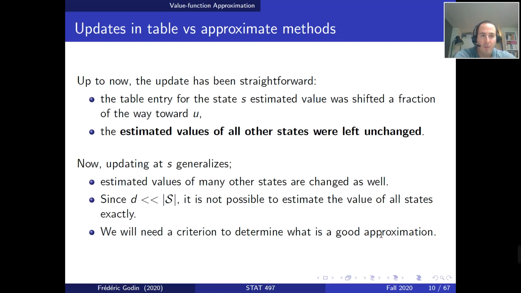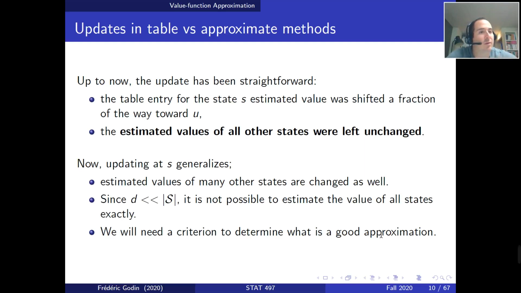But now, when using approximation, whenever we encounter a target, we will slightly modify the value of our parameters, w, based on the new target, so as to have the estimated value of our state S shifted slightly towards the target.